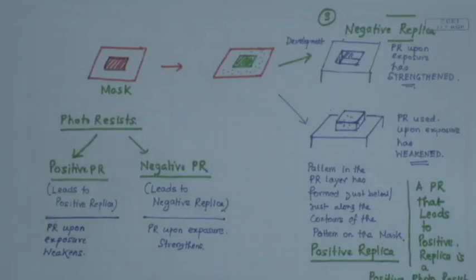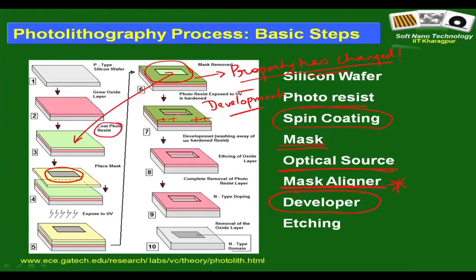So, discussion up to this point we have reached here, but what has happened is that we have been able to create the structure on the photoresist layer, but not on the barrier layer, and that is the basic requirement we have. So, there are mechanisms to now etch away the oxide layer also along the contours of the photoresist layer, the patterns in the photoresist layer. This can be done by hydrogen fluoride or something like that, and then you also remove the remaining photoresist layer.